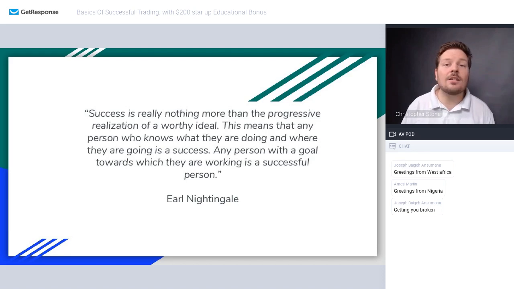Well, Earl Nightingale said, success is really nothing more than the progressive realization of a worthy ideal. This means that any person who knows what they are doing and where they are going is a success. Any person with a goal towards which they are working is a successful person. It's very important that success is the progressive realization of a worthy ideal or goal. It is that simple, and you have to remember that.